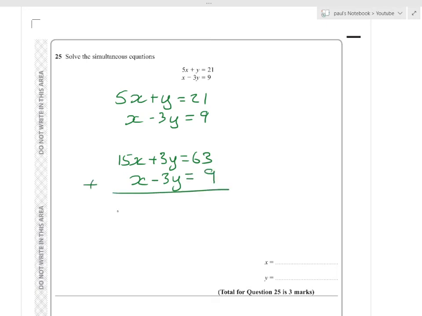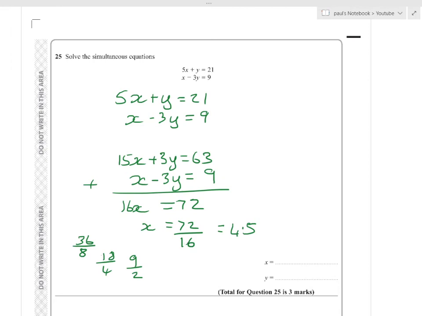Add the two together. 16x, the y's disappear, equals 72. So x is 72 divided by 16, which is the same as 36 divided by 8, or 18 divided by 4, it's a long way round, or 9 divided by 2, which is 4.5.